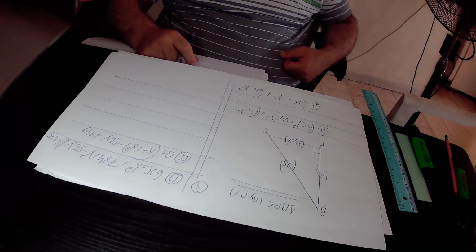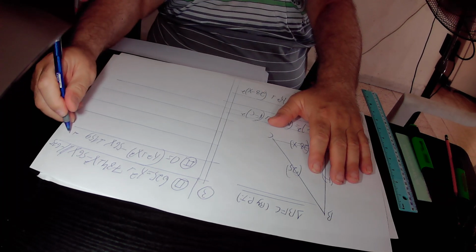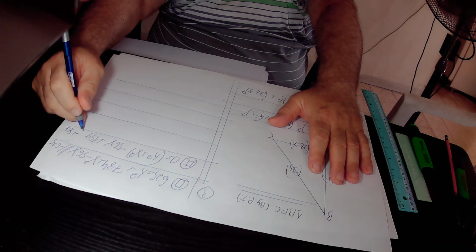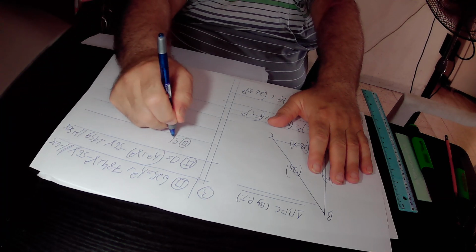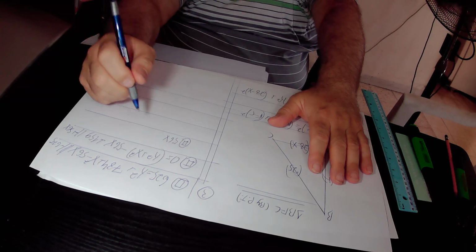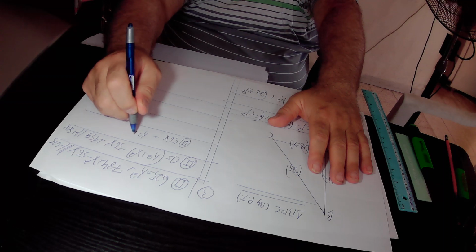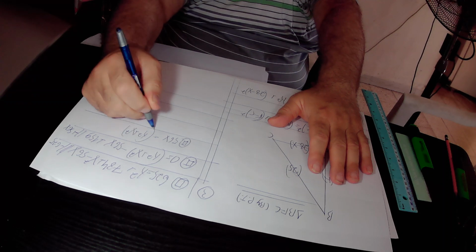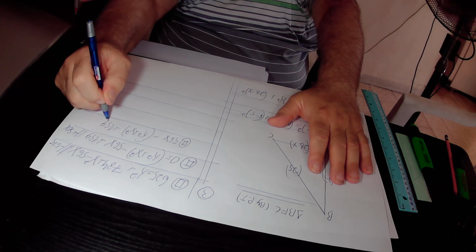So here we add 56x to this equation, equation 2, and we get that 56x equals 8 squared plus x squared plus 159.